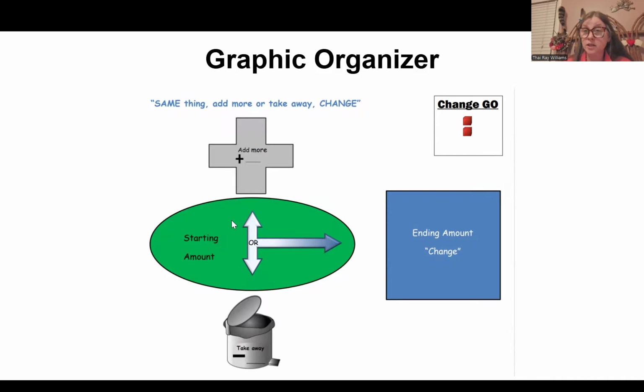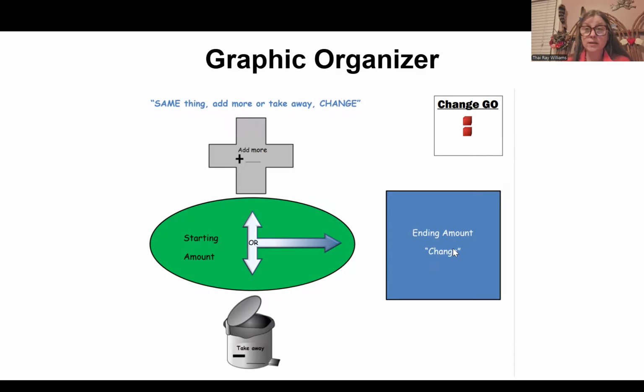And so what you want to think about is having your manipulatives here because you're going to start with one thing. So for example, you might have 10 cookies here, right? So let's do that one. And so we would say 10 cookies, same. And then we would take 3 cookies and we would say, take away, move those 3 cookies over, and then push all the cookies over, subtract, change.